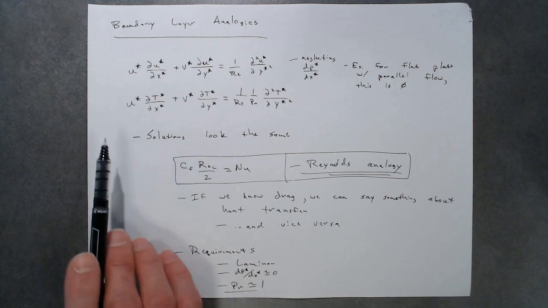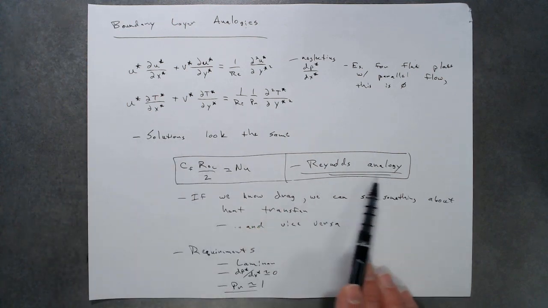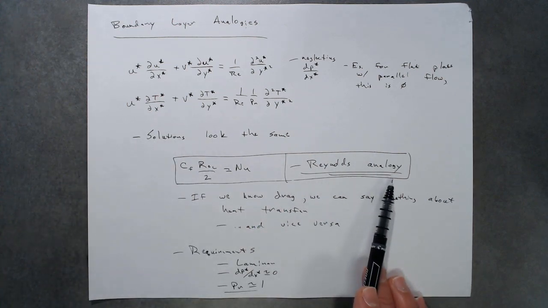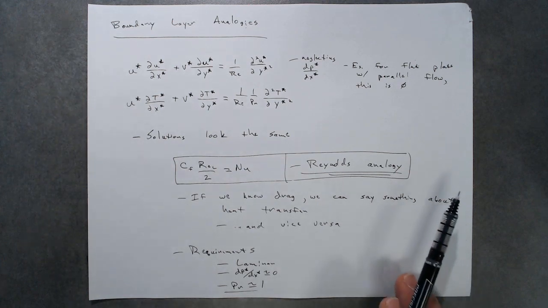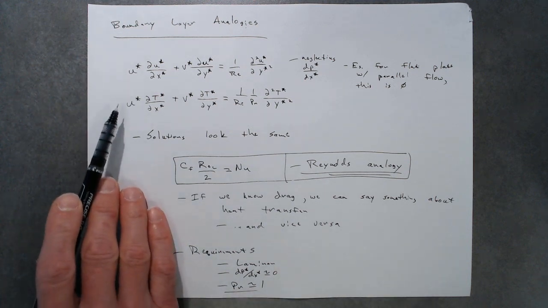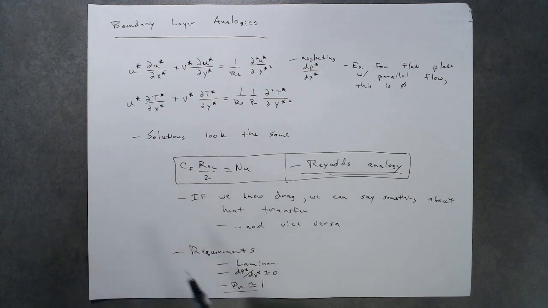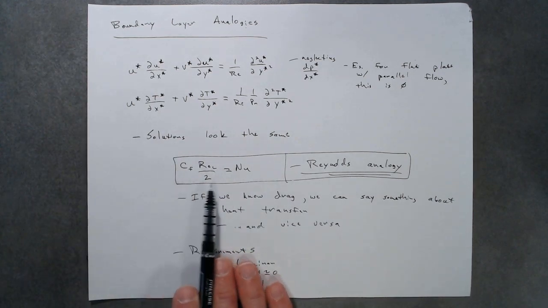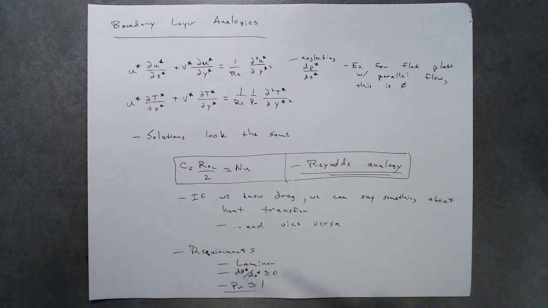But in order for these analogies like the Reynolds analogy to be valid, we have to be able to satisfy a certain number of requirements. And those requirements include the assumptions that go into deriving these equations, and one of those is that it's laminar. So this analogy is only going to be reasonably valid for laminar flow.